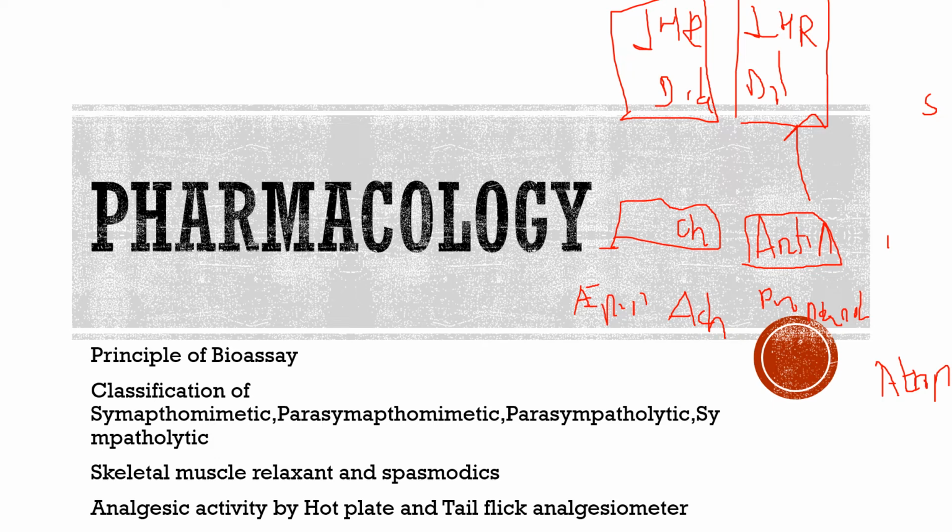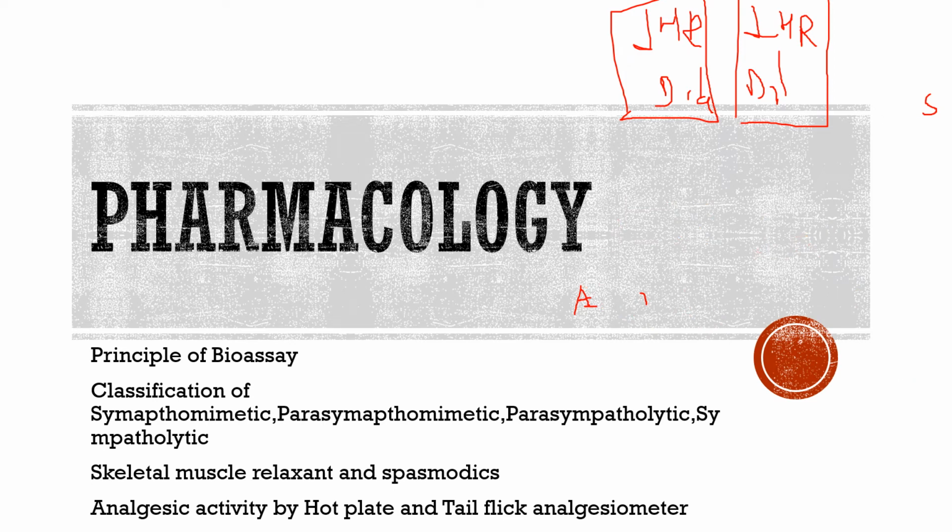So remember, beta blockers are used in the management of hypertension. In the management of hypertension, we also use cholinergic drugs. So that's enough. And just remember the small difference between all these four classifications of drugs.